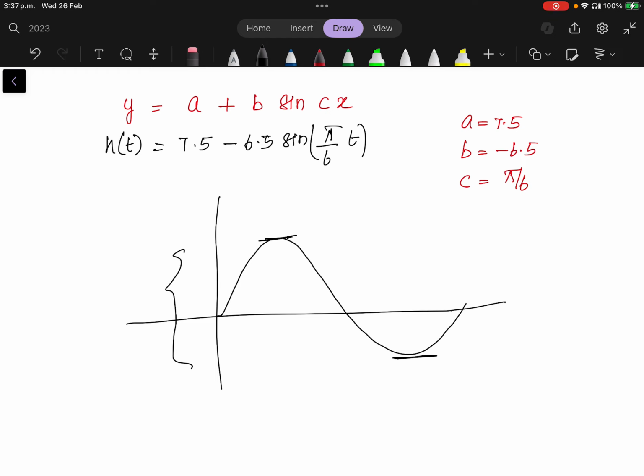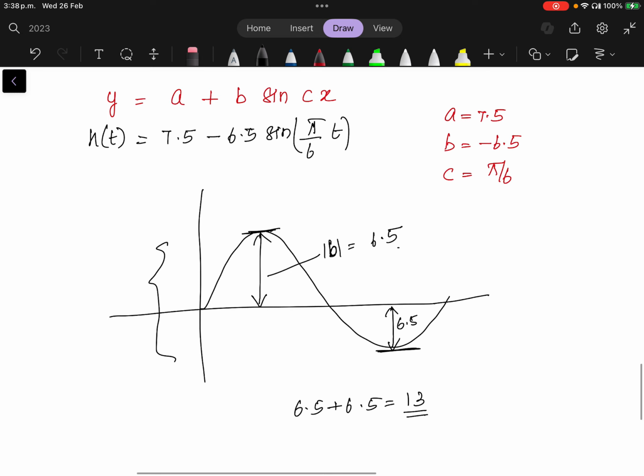You find the highest one, you find the lowest one, and then you add them together. The highest one here, the amplitude, is nothing but modulus of b, which is equal to 6.5. This side also is 6.5. So the difference between the highest and the lowest water mark will be 6.5 plus 6.5, which is 13.